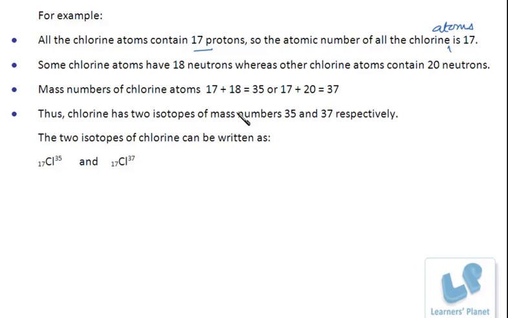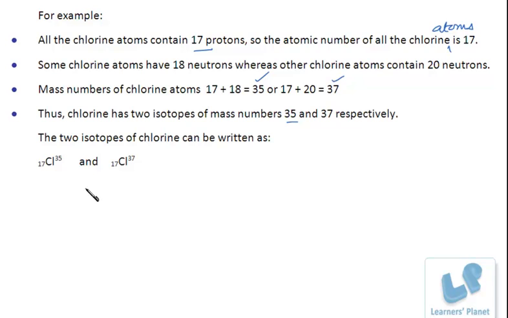So what will be the mass number of chlorine atoms? 17 plus 18, that is 35, and 17 plus 20, that is 37. Thus, chlorine has two isotopes with mass numbers 35 and 37. It is written as Cl-35 and Cl-37, with atomic number 17.